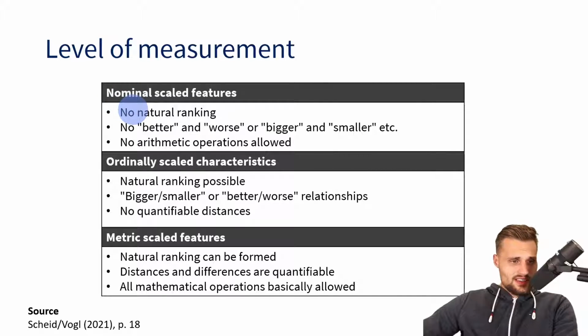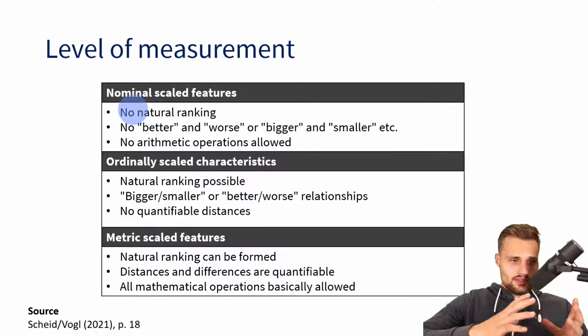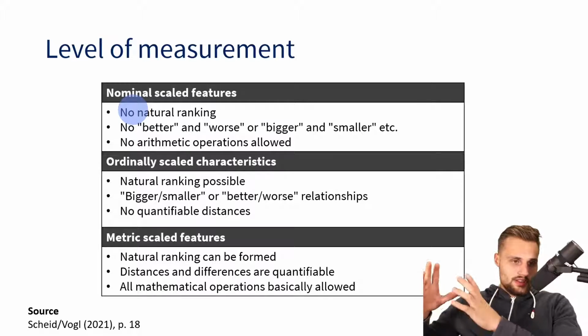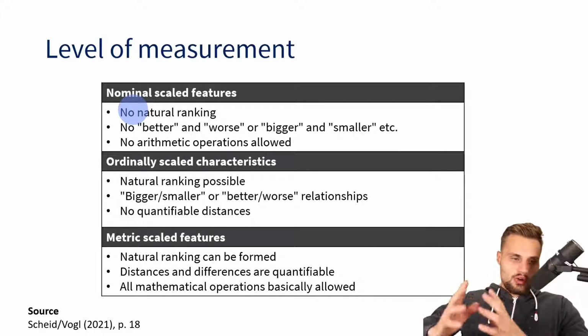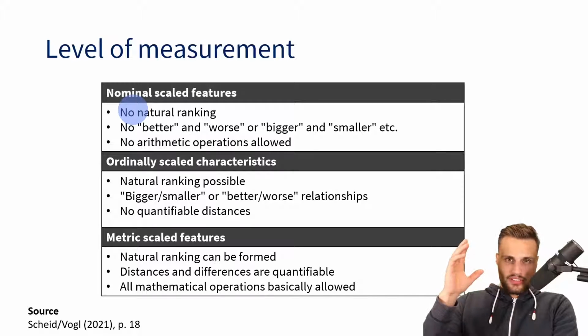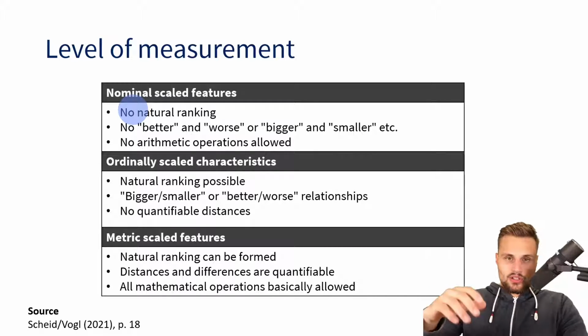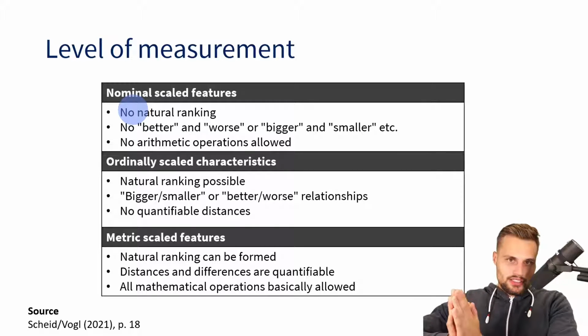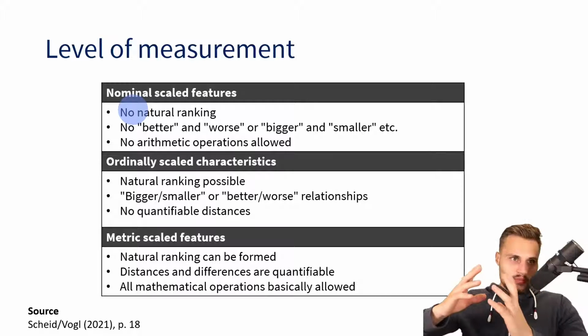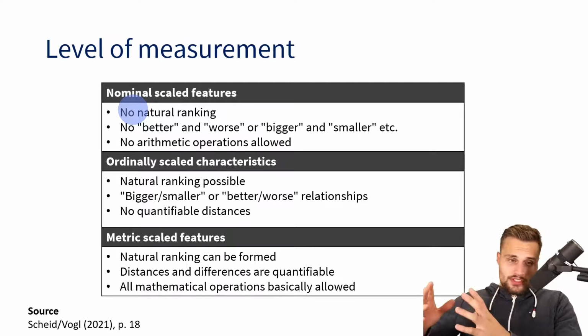We cannot say one characteristic value is better or worse than the other, and we also cannot say that one characteristic value is bigger or smaller. For instance, if we take the characteristic gender, then we cannot claim that one gender is better than the other. We cannot say that men are better than women or vice versa.